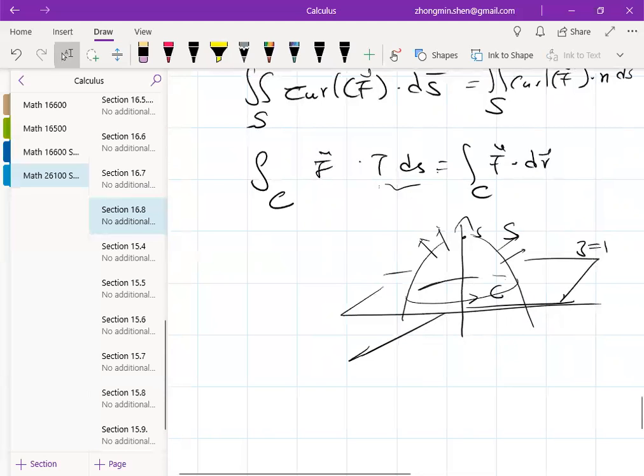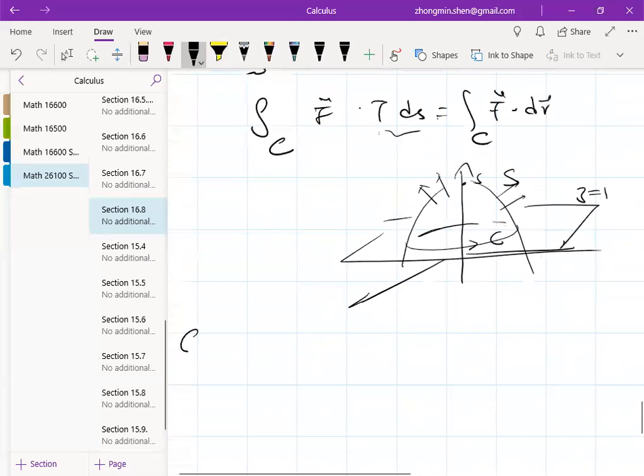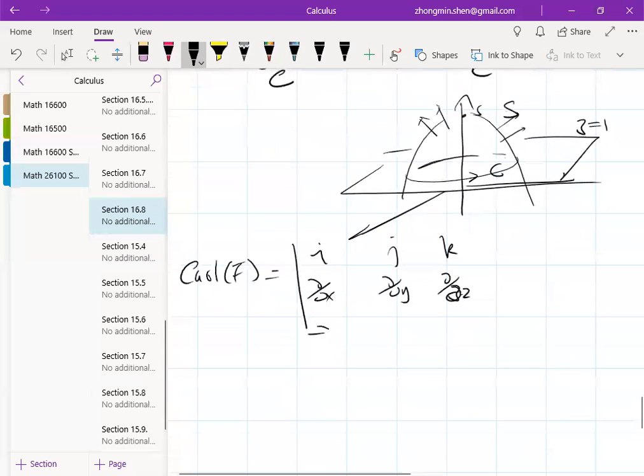So let's go back. If we forgot the formula for the curl of the vector field, I suggest you always use this determinant. Where's my vector field? It's going to be negative 2yz, y, and 3x. Let's find out.